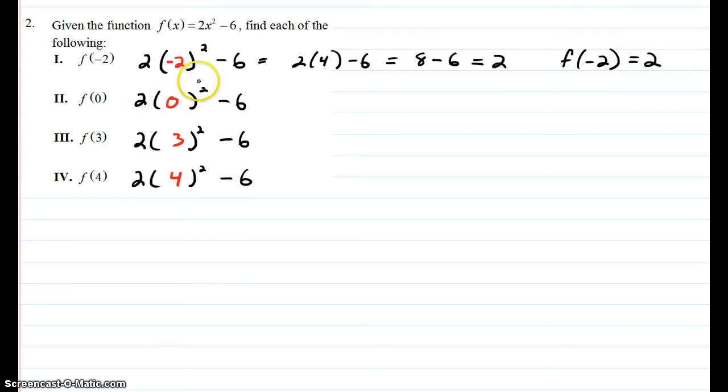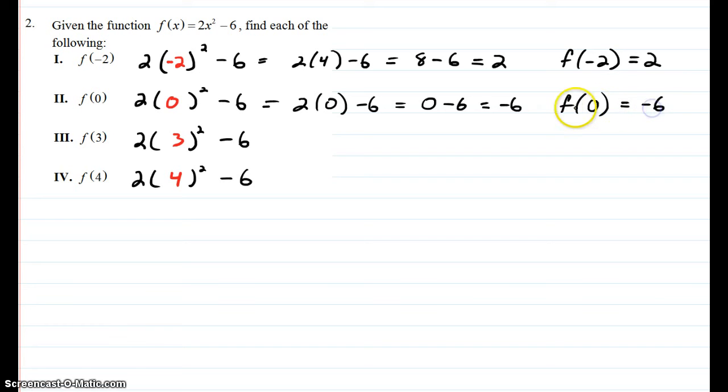Now we're going to do the same thing. Start with our exponent. 0 squared gives us 0. 2 times 0 gives us 0. And 0 minus 6 gives us -6. So my input is 0, my output is -6.